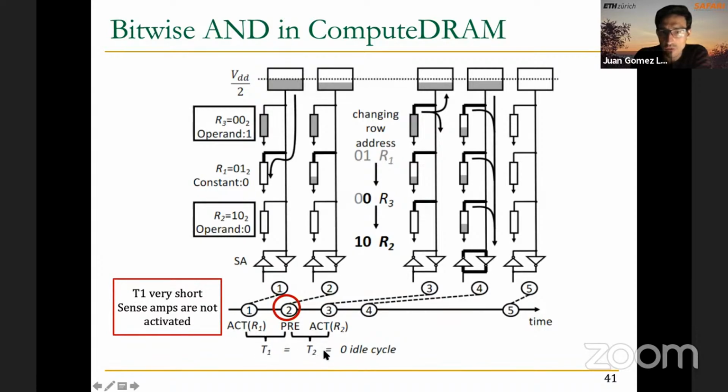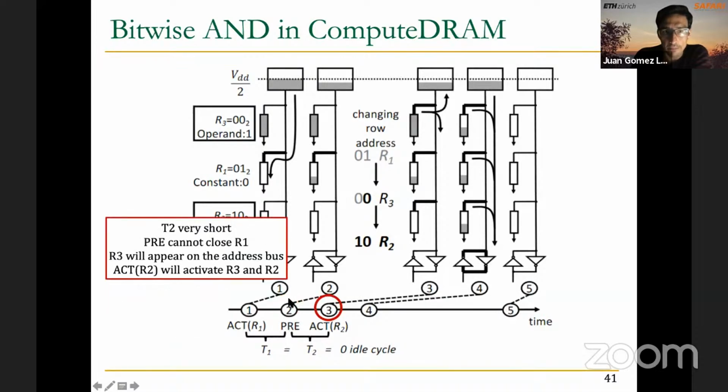Notice that these T1 and T2 are essentially 0 idle cycles. This T2 is very short, so the precharge command cannot close R1 completely, and then R3 will appear on the memory bus. This is due to the way that the row decoder works.